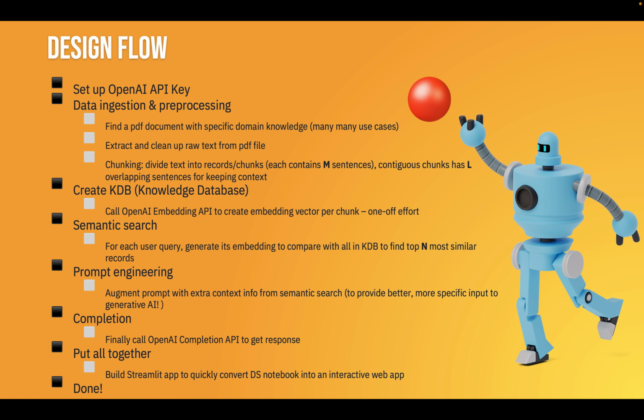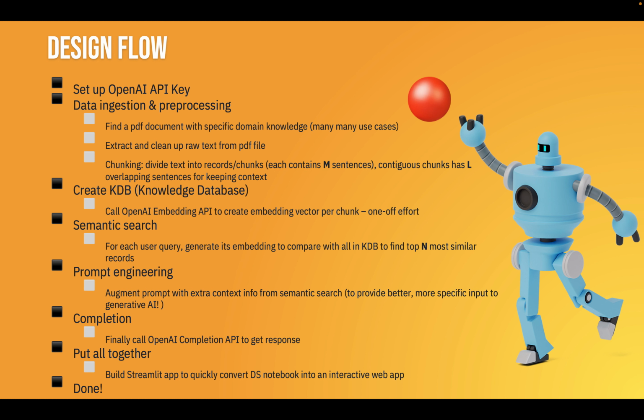Firstly, you need to set up your API key provided by either your free trial or your paid account from OpenAI. Then the first step is data ingestion and pre-processing. Find any PDF document with specific domain knowledge. There could be many use cases.